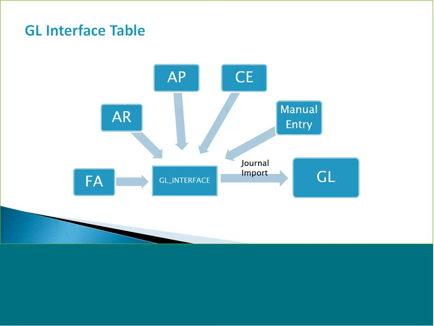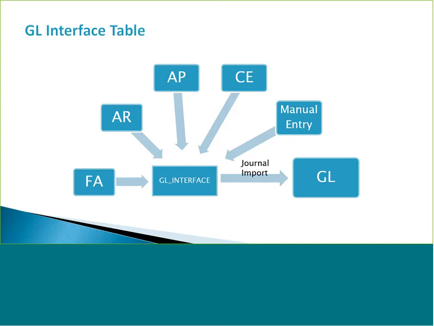So what does that validation? That validation is done by what is called the journal import program. Okay. So before information is dumped into the GL, it is first dumped into the GL interface table. So what you do is you run an import program.